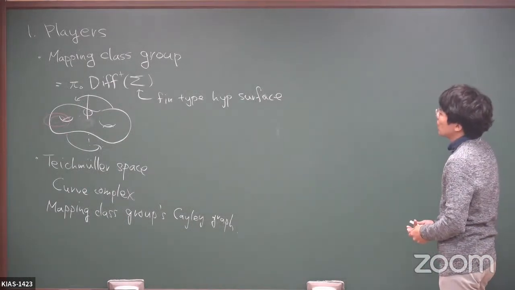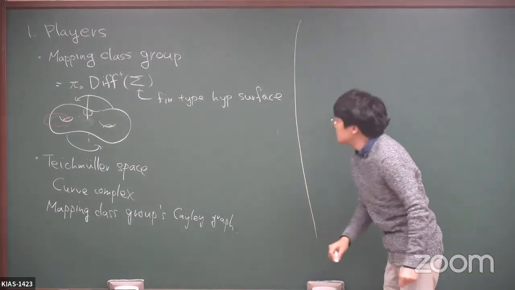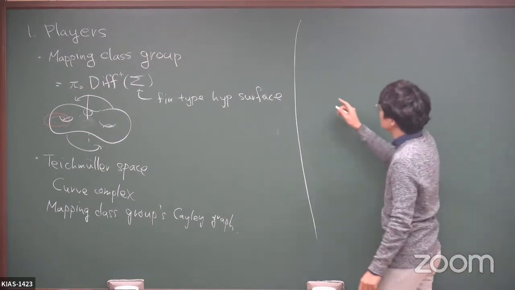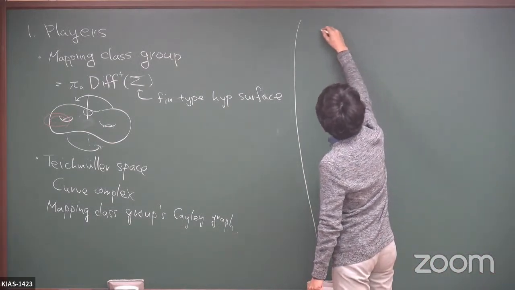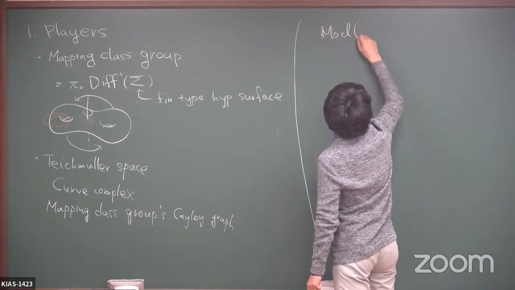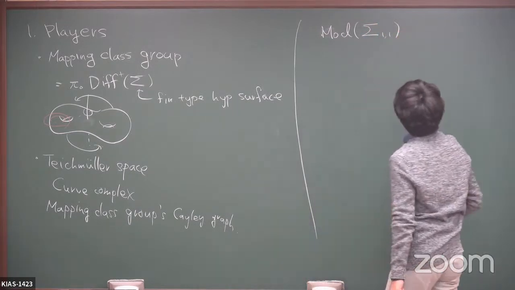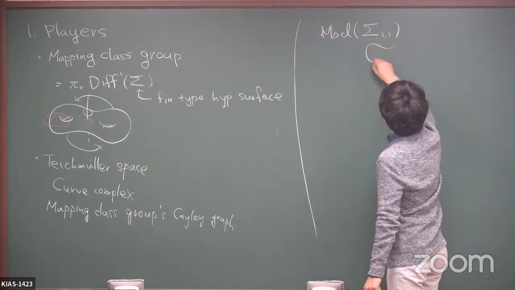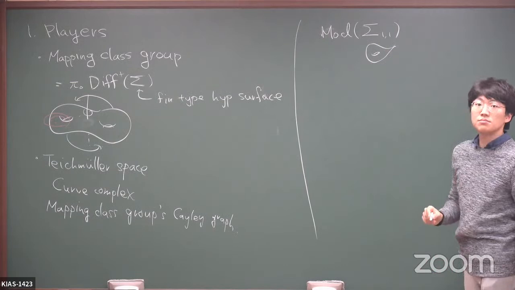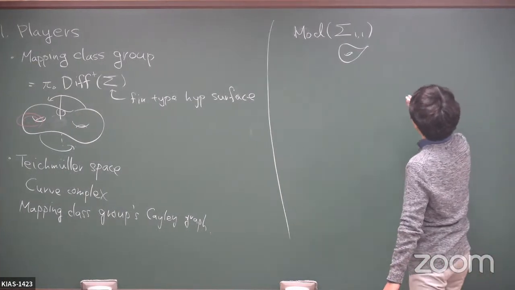And the thing is, let's first see the simplest case, which is the mapping class group of sigma 1,1, the once-punctured torus.